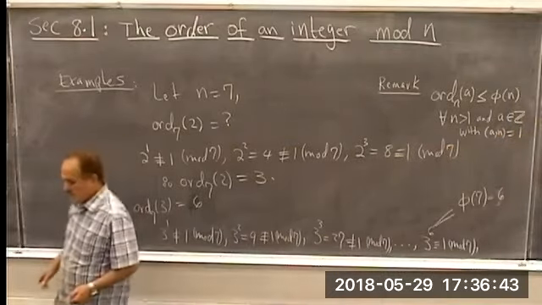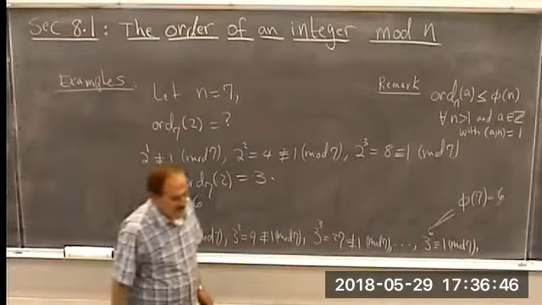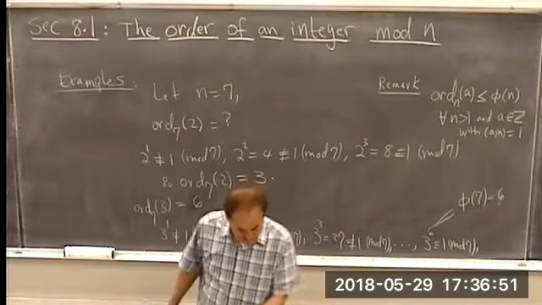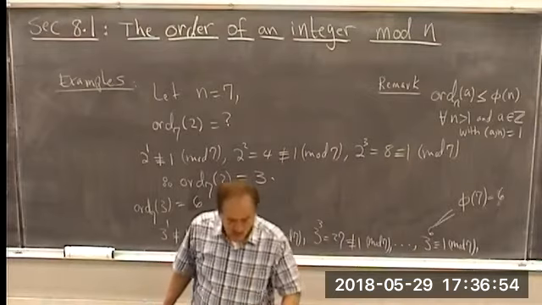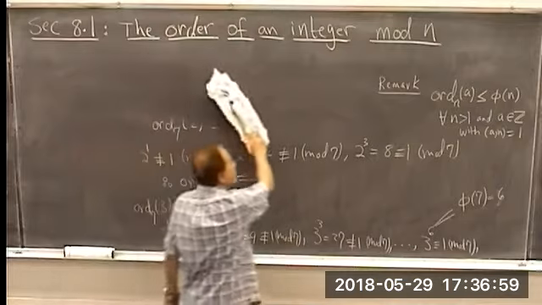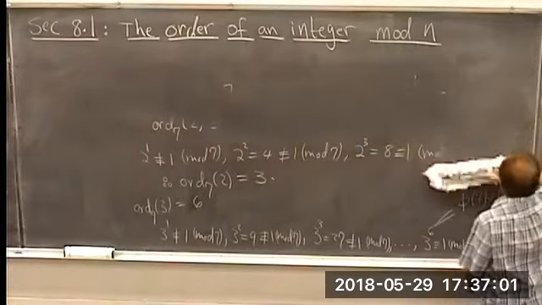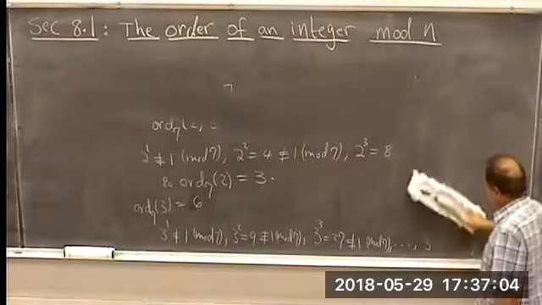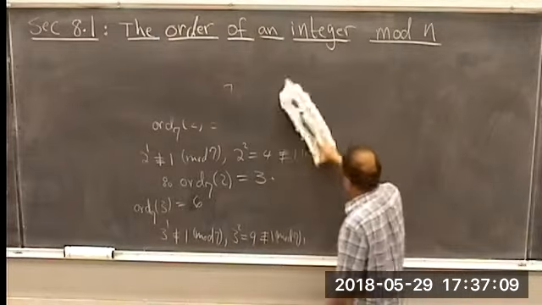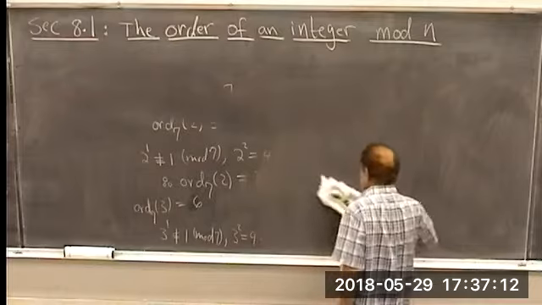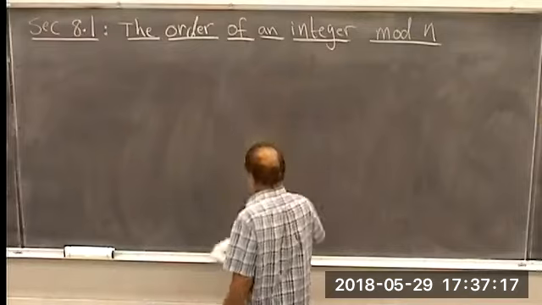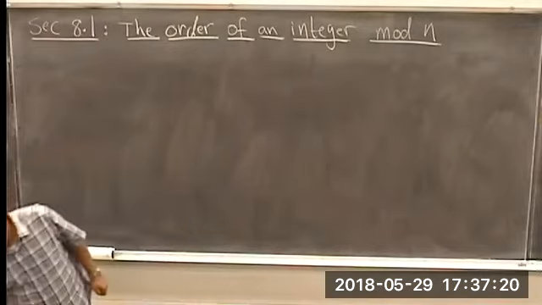All right, let's look at one other example. Let me see if I want to do it right now. No, probably not. But let me put some other remarks beside this one. The first one, we're going to justify that the concept of order only makes sense for integers that are relatively prime to n. All right? So here it is.